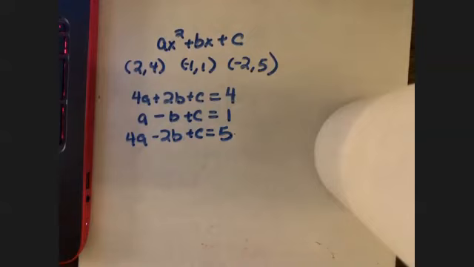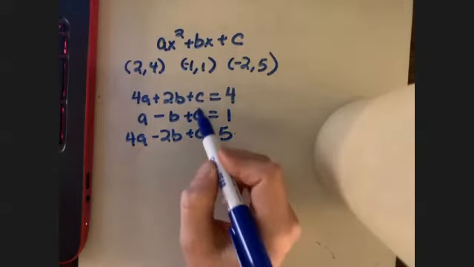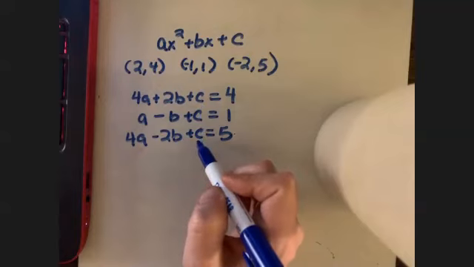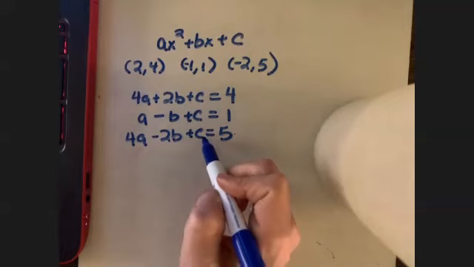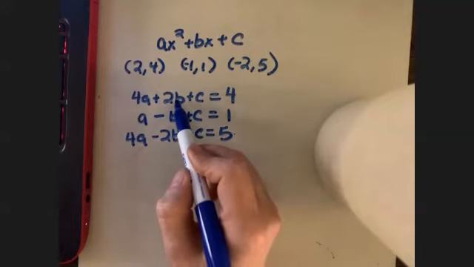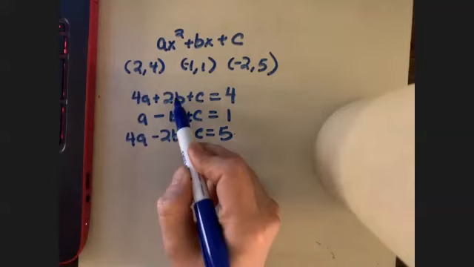Now we're back in the same boat. First off, it would make sense to get rid of the c's, because they're all singletons. But I also notice here that it would be really simple to put this one and this one together and then partner pair these 2.